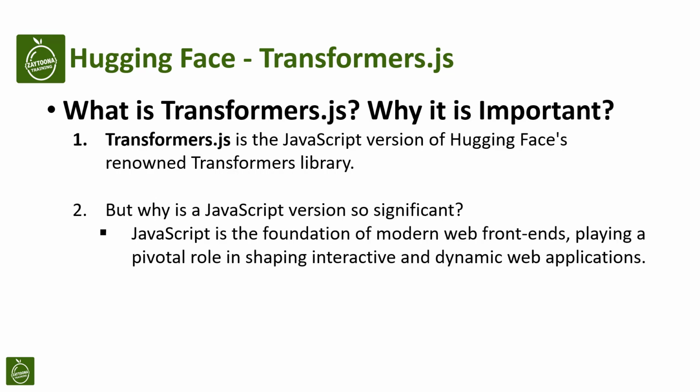What is Transformers.js? Why is it important? Transformers.js is the JavaScript version of Hugging Face's renowned Transformers library. But why is the JavaScript version so significant? JavaScript is the foundation of modern web front ends, playing a pivotal role in shaping interactive and dynamic web applications.